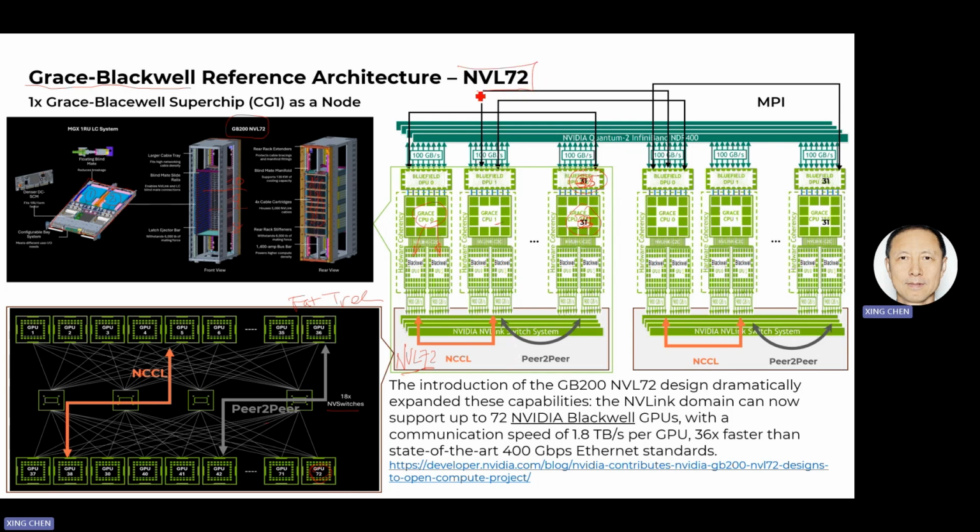It's good that NVL32 could be fit into a rack, the same as NVL32 for Grace Hopper. For Grace Blackwell, you have this NVL72 as the reference design. And right now, according to Nvidia, this is the most popular product in the marketplace for AI workloads.